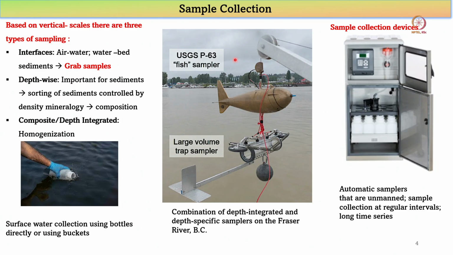sampling system. It uses two types of sampler. This is called a fish sampler. What happens is you let it go inside the stream at a particular depth. Say you mark it at 3 meters or at 5 meters, or whatever known depth you want, and at that depth you press the lever and this opens, right?